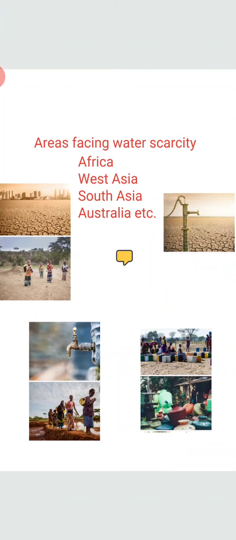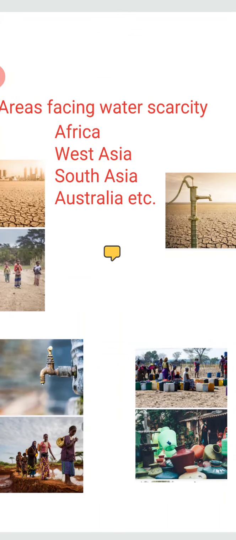As more people put ever increasing demands on limited supplies, the cost and effort to build or even maintain access to water has increased. Now, let's see some areas of the world which are facing the water scarcity problem.